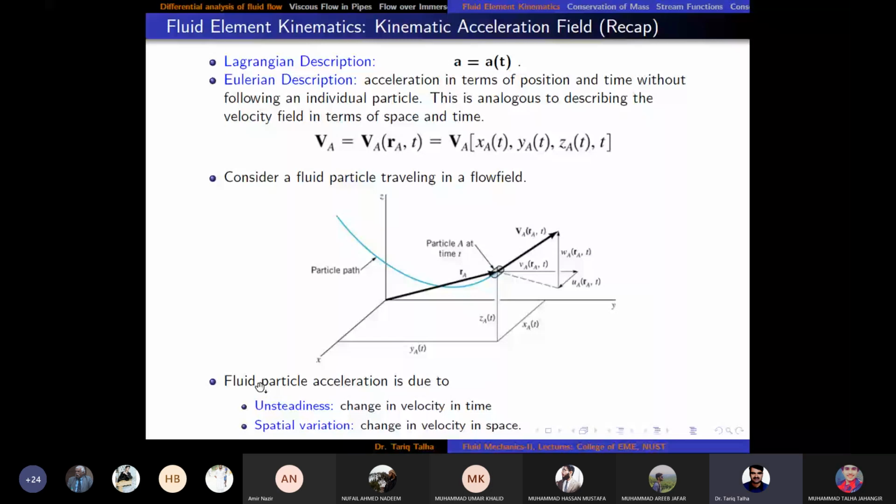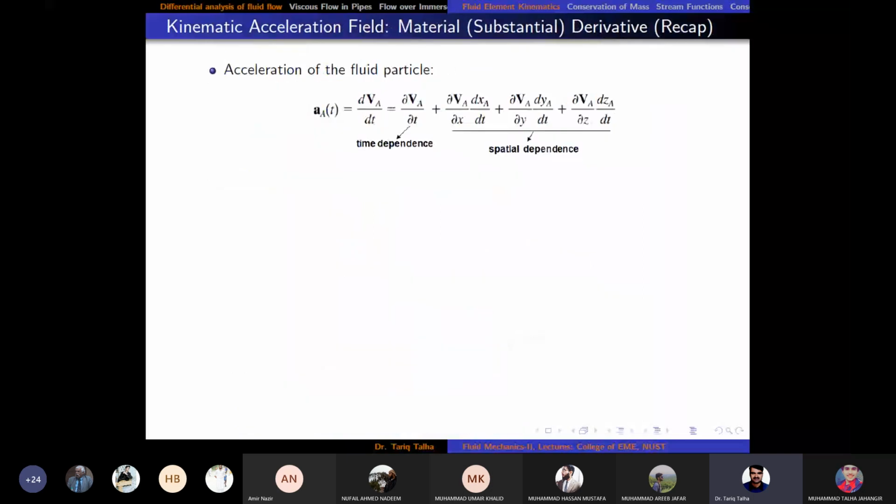Right? So fluid particle acceleration is due to two things. One is the time rate of change, and the second is the spatial variation. I hope these concepts are clear from FM1. And how to write the acceleration: the time rate dependence is the first term, partial v by partial t, and then the spatial variation, that is how the velocity changes in space in x, y, and z direction.